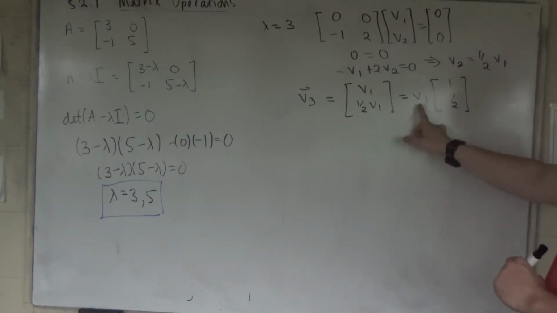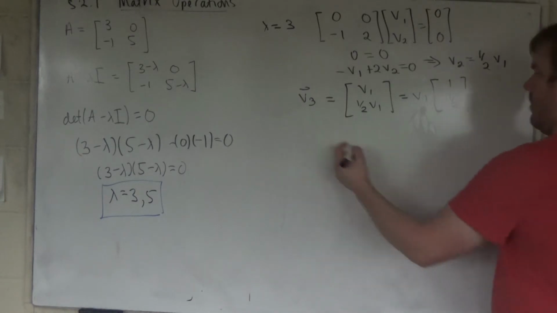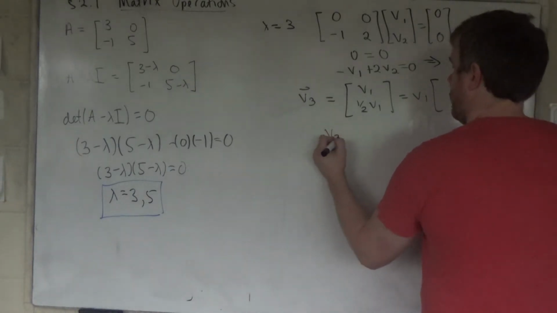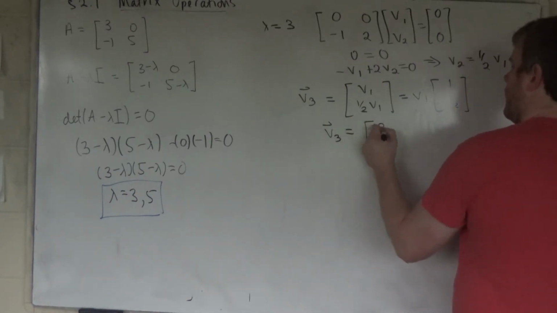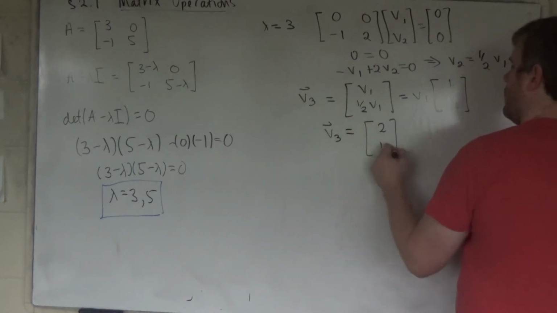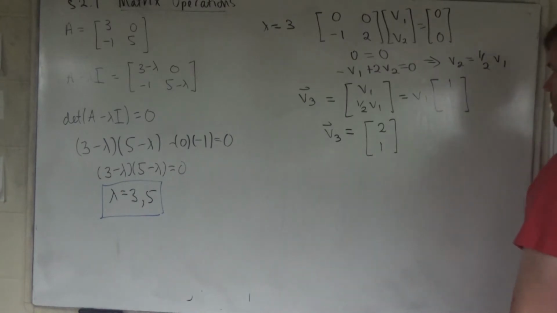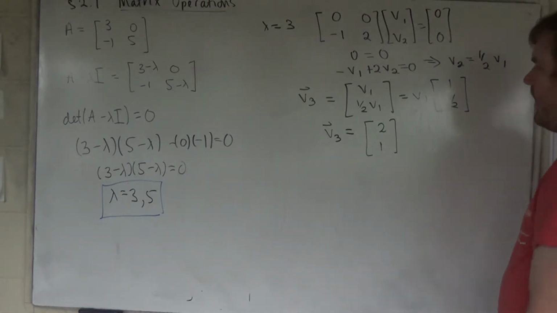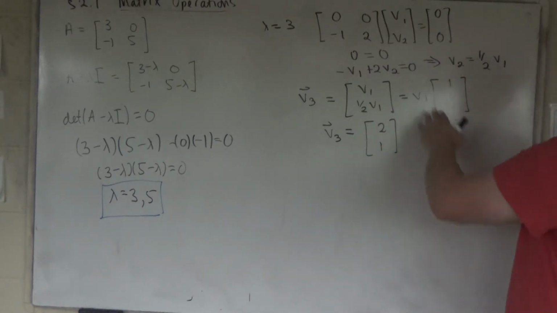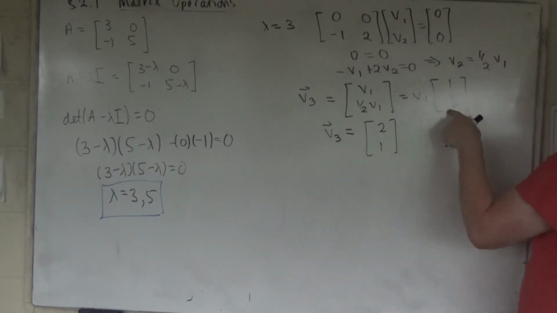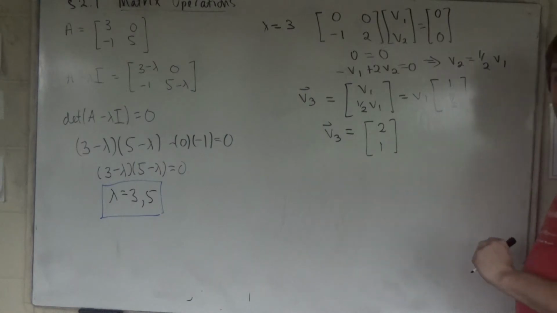Alright, well why don't I pick v1 equals 2? If I let v1 equal 2, then I get the vector 2, 1. And I have all integers, which looks sort of nice. So we'll just do that. You can leave it as 1, and then you would get 1, 1/2. No problem.